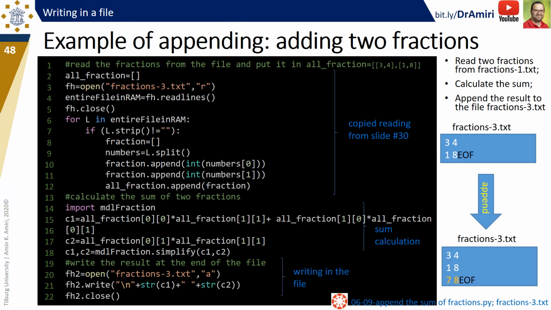So in line 20, you just need to open the file using the append method, then start with writing a \n so that it goes to the next line, and then you print C1 and C2 with a blank space in between them to follow the pattern of the file, and afterwards you close the file.